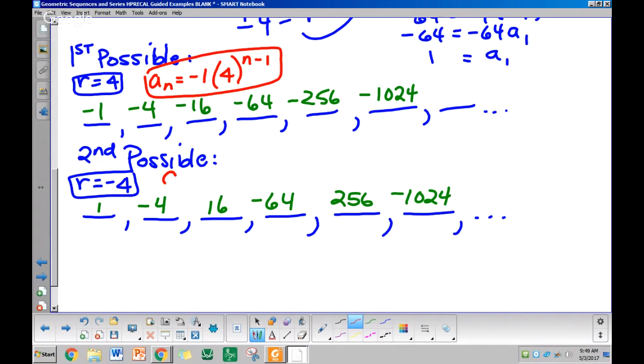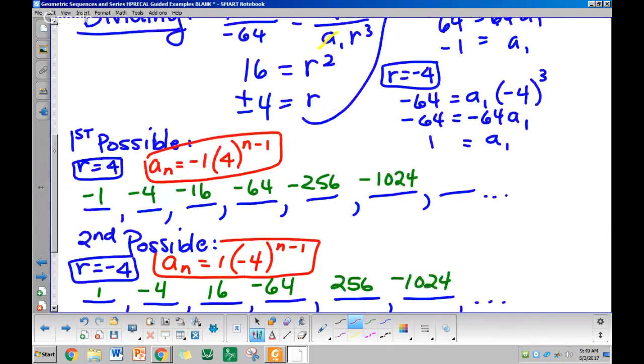And this one's going to be A sub n equals 1, which you don't really have to show, but I'll show it for demonstration purposes. And then use the R of -4. So there are two possibilities. So you're going to have two possible series when you have an R to an even power here when you're solving. Okay? Because to an odd power you won't.